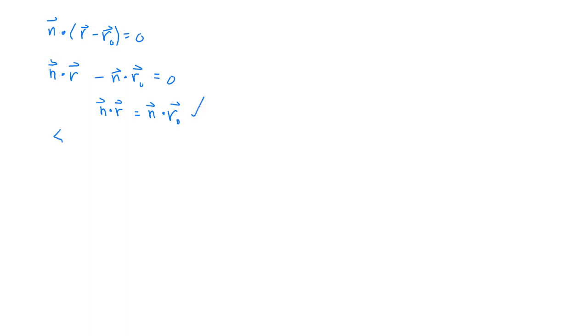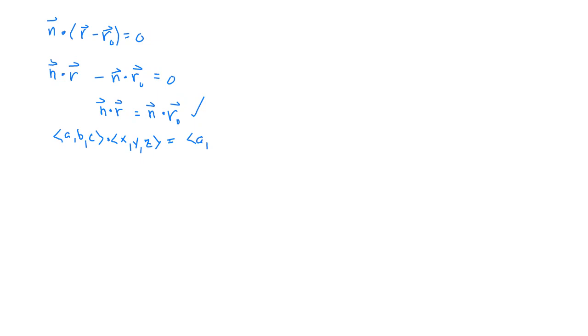Now the normal vector is some specific vector with components A, B, and C. We'll dot that with x, y, and z. That's the terminal point of the r vector in that picture.